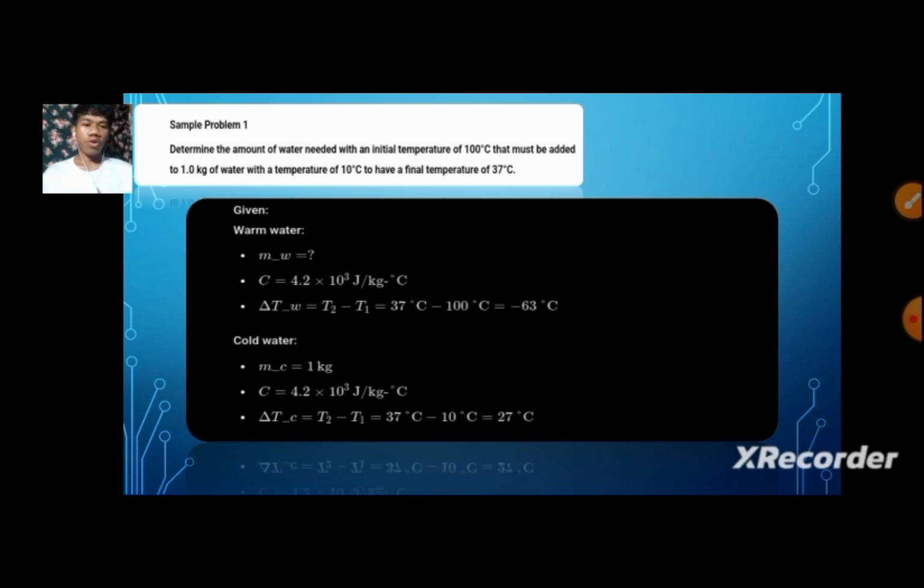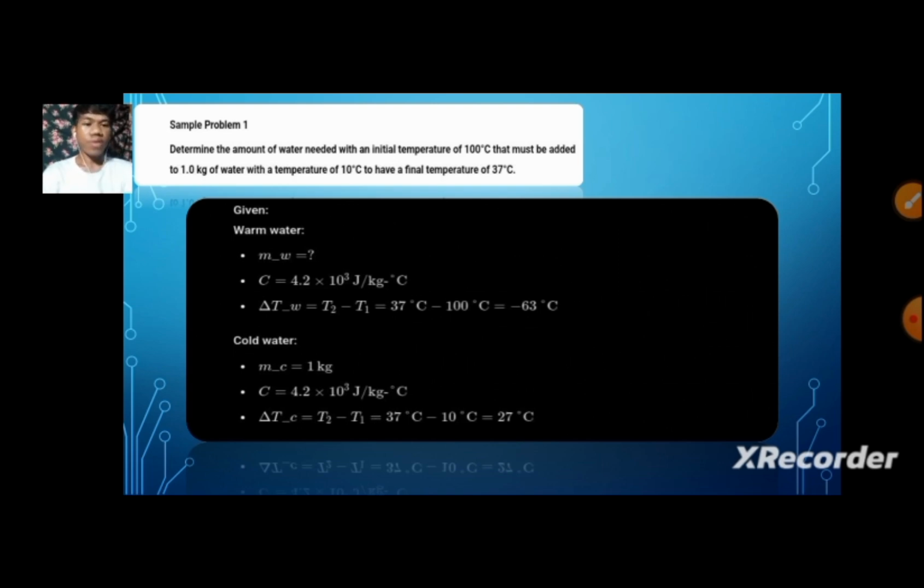The warm water is called heat loss, and the cold water is called heat gain. Now for the warm water we have the mass, which we are going to find, and the c, which is the specific heat capacity. c is equal to 4.2 times 10 to the power of 3 joules per kilogram degrees Celsius.